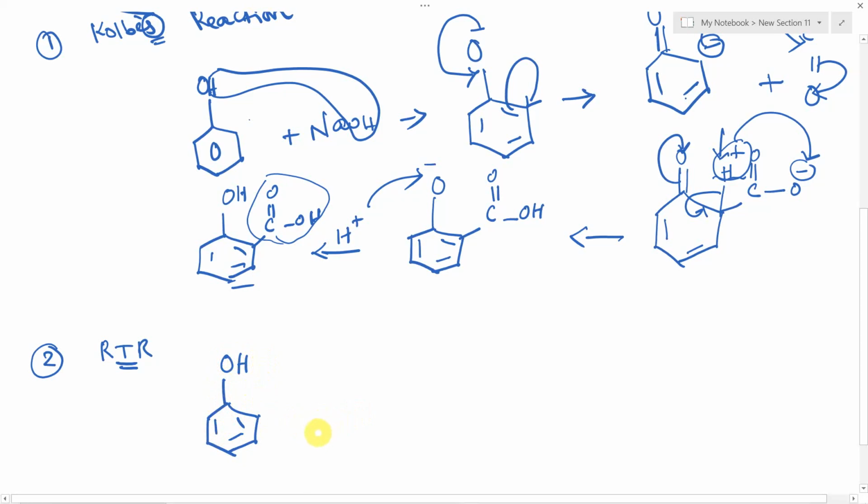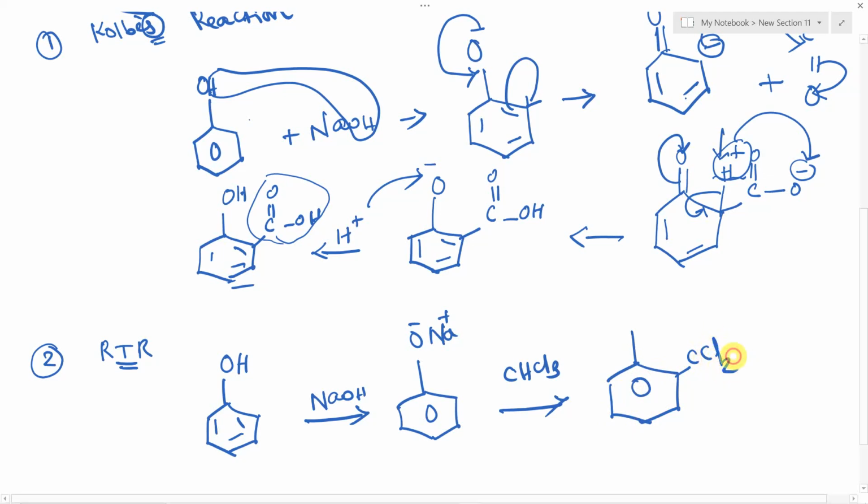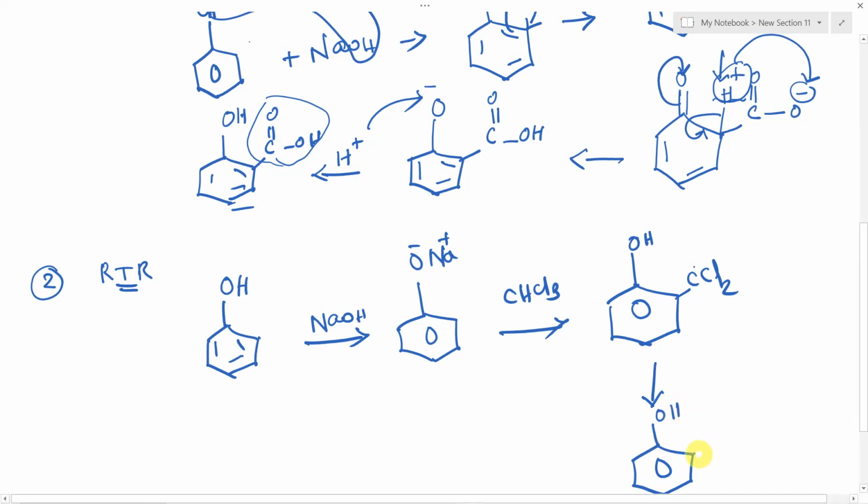So this phenol will be treated with NaOH so that it will give a sodium phenoxide ion, O minus Na plus, and this will be treated with chloroform, CHCl3, and that will give rise to CCl2OH, and finally this gives a product, OH CHO.